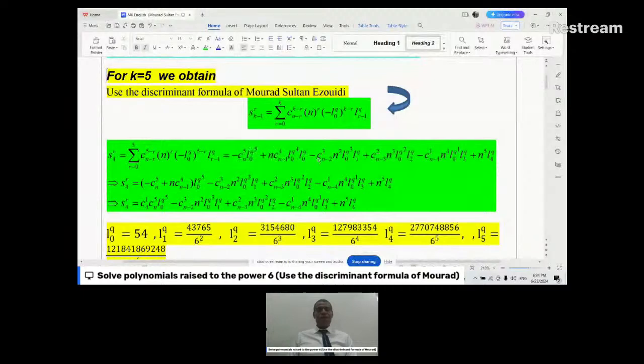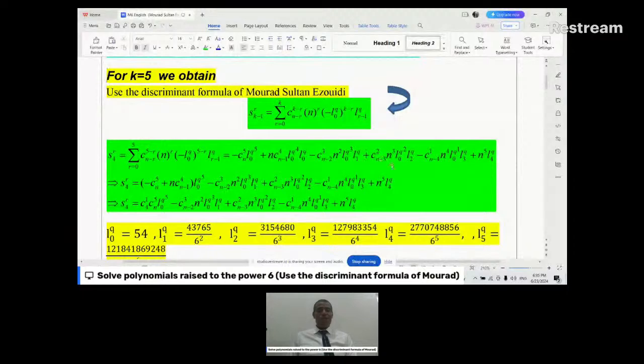The rest, when r equals 2, 3, 4, and 5, no change for these four terms. I will write them as they are. Negative combination n minus 3 n squared L0 for the q raised to the power 3 times L1 for the q is this.